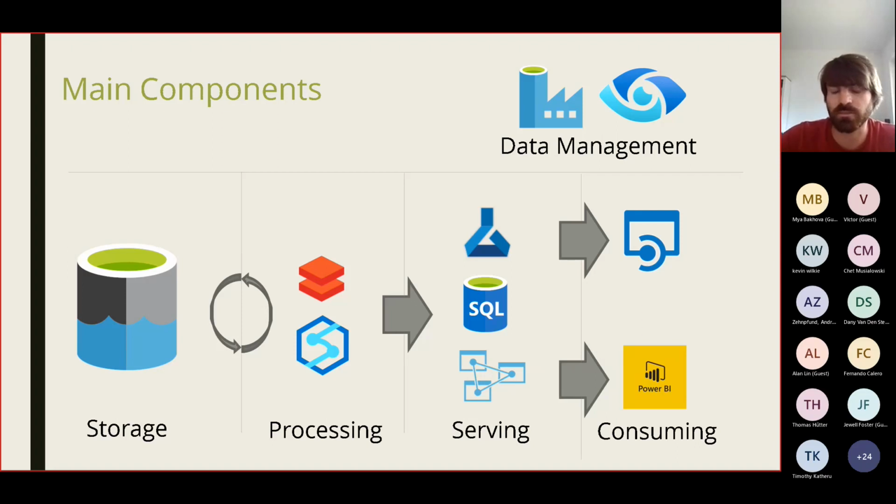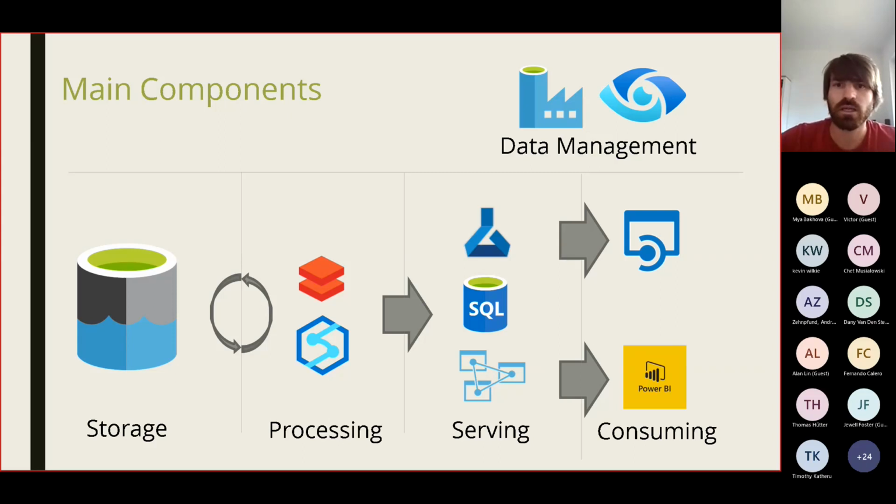Or you can also have API endpoints, especially for your machine learning models, if you want an item recommender in your web shop, etc. That's usually done by an API call to a model served by Azure Machine Learning Services.